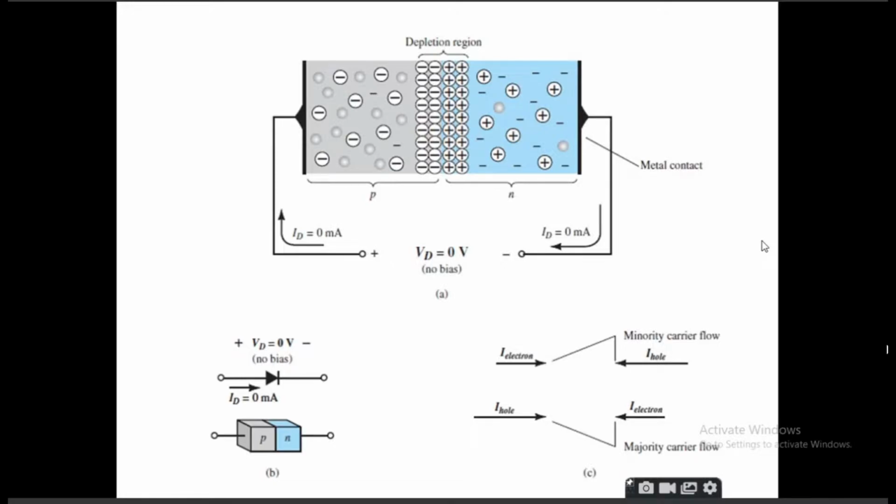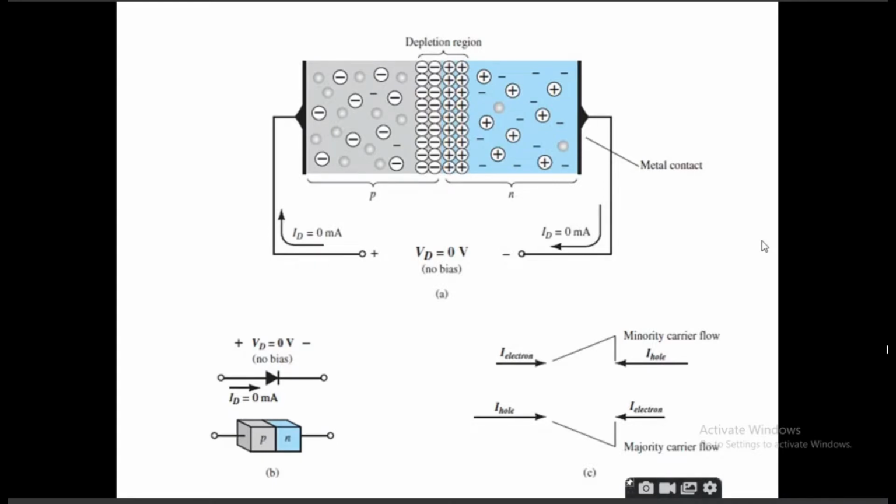Then in the center, you see certain plus and minus signs accumulated together, and that is called the depletion region. What does a depletion region mean? Why is it called a depletion region? It doesn't allow charge to flow. Sir, because it's a junction barrier.